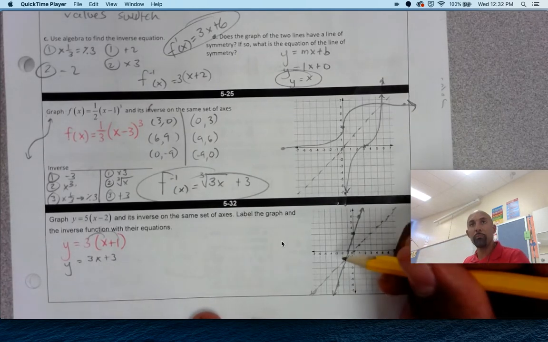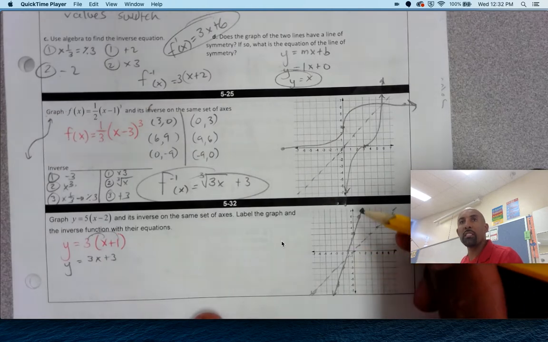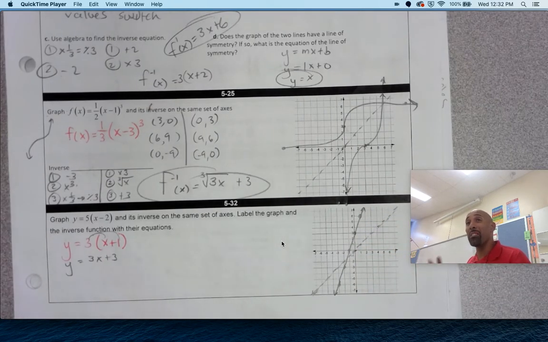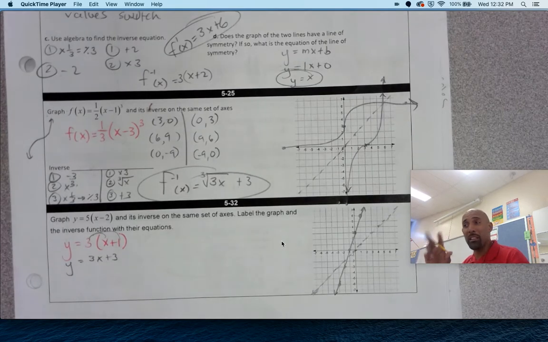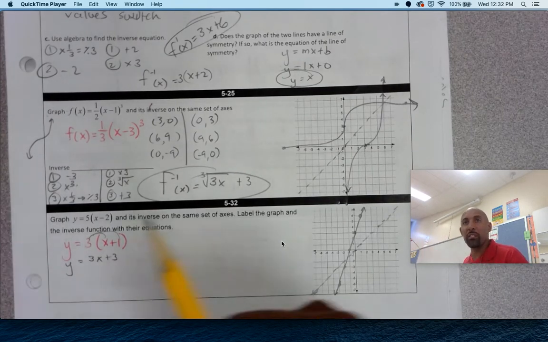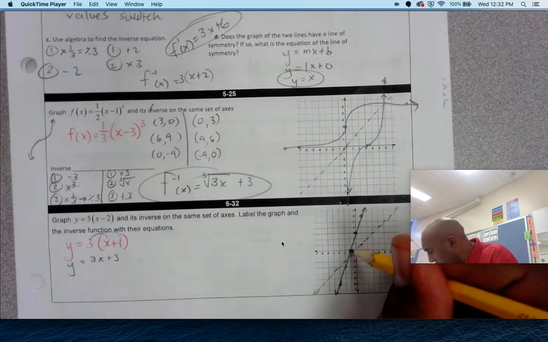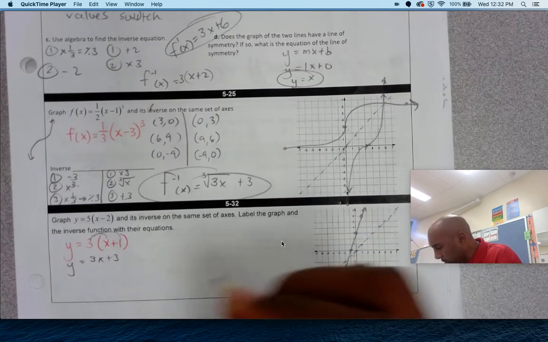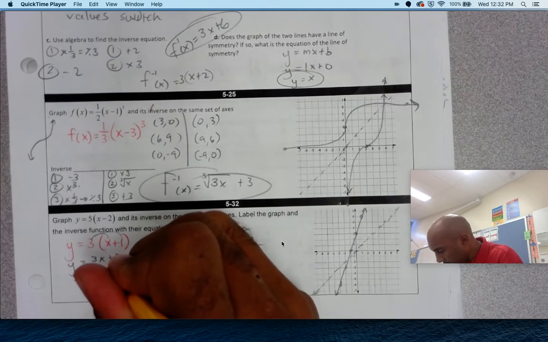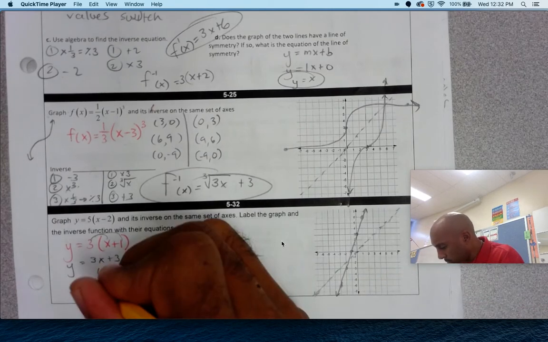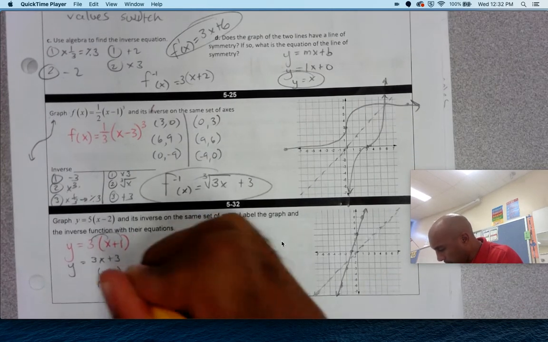Okay, so now let's list out some of these points. And remember, for a line, I only need 2 points to make a line, right? And then all I need is like a ruler or some kind of straight edge. So I'm just going to take 2 of these points. Let's take this one, -1 and 0. And this one, -2, -3.